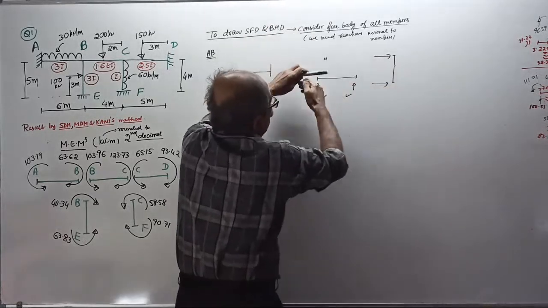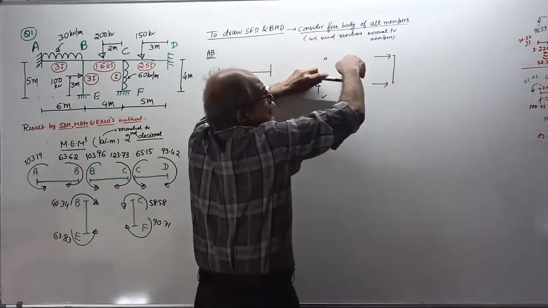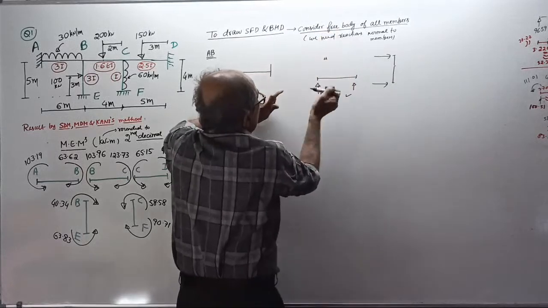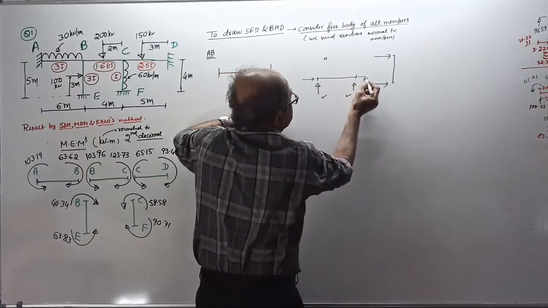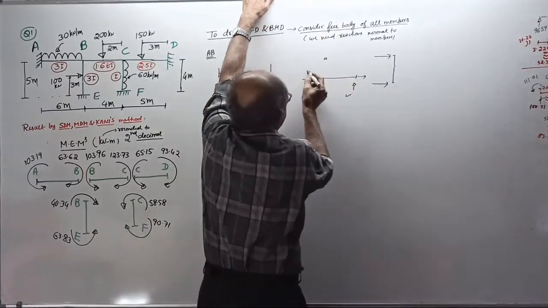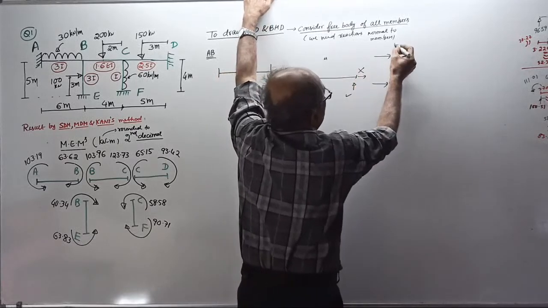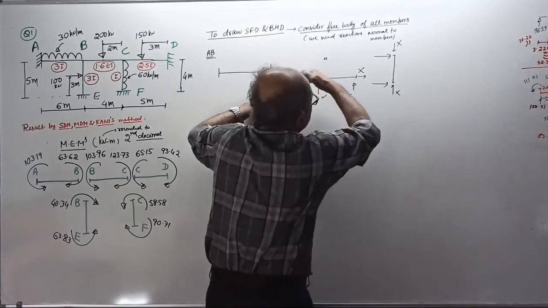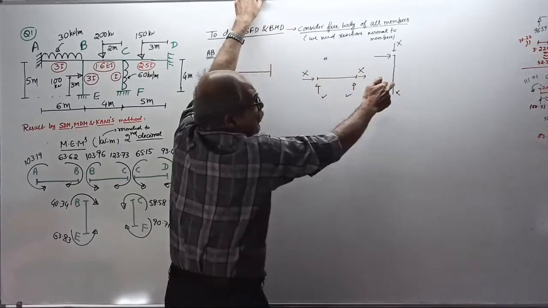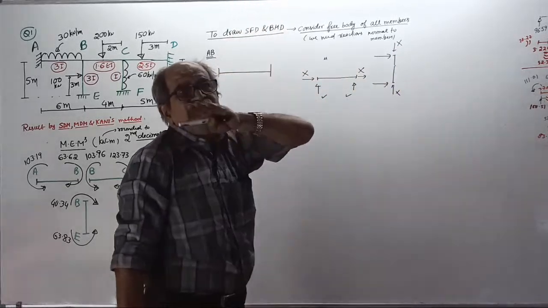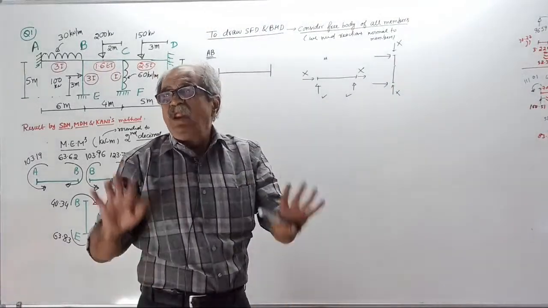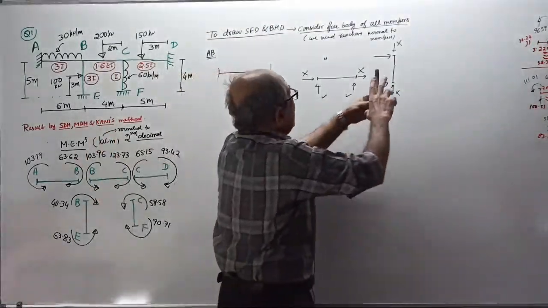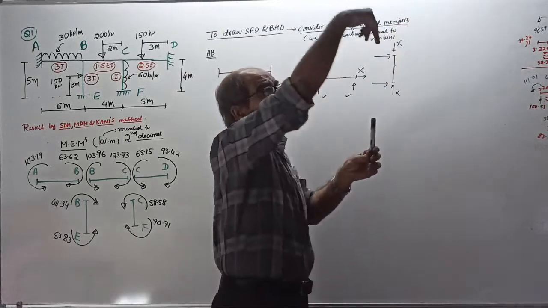See, for a horizontal beam, this will create bending. Here, axial force is not considered. Here also, axial force is not considered for SFD BMD. Here the axial force is horizontal, so for a horizontal member you don't require horizontal reaction. For a vertical member, you do not require vertical reaction.